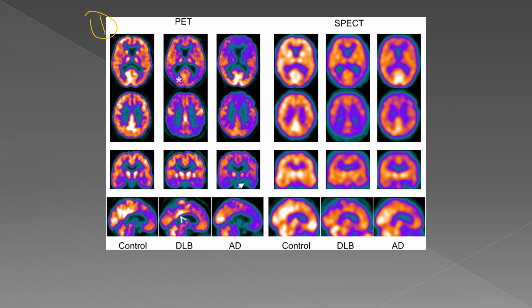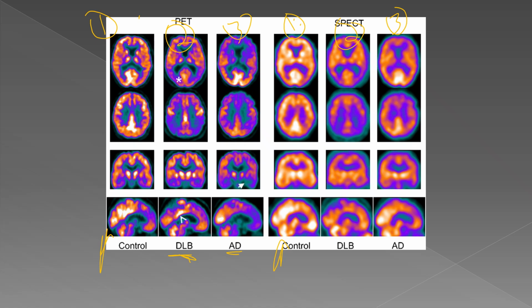So this is patient 1 and patient 1, patient 2 and patient 2, and then patient 3 and patient 3. This is the control normal patient brain, normal patient brain, patient with dementia with Lewy bodies, and patient with Alzheimer's disease. So look at them that way. Compare 1 to 1, 2 to 2, and 3 to 3.